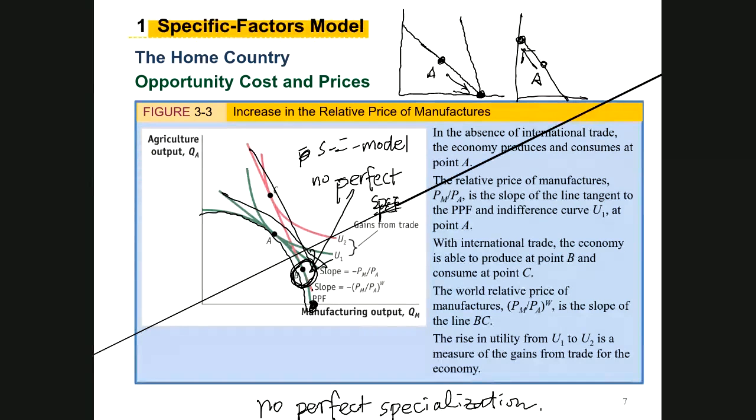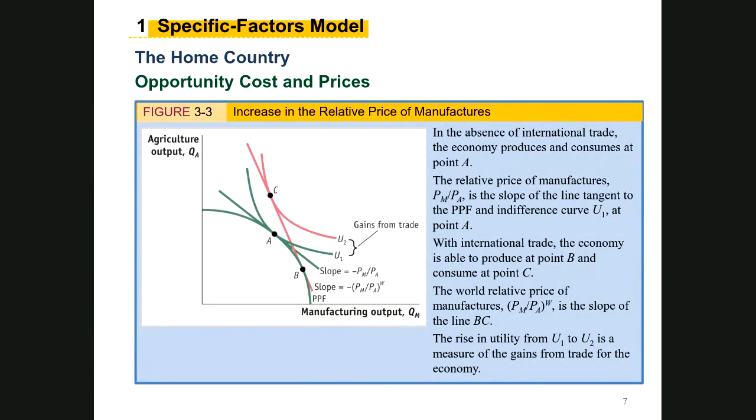But if you're talking about the gains from trade, this new model still gives you the proof of the gains from trade, right? Because this is your new consumption point, and this is your original consumption point.